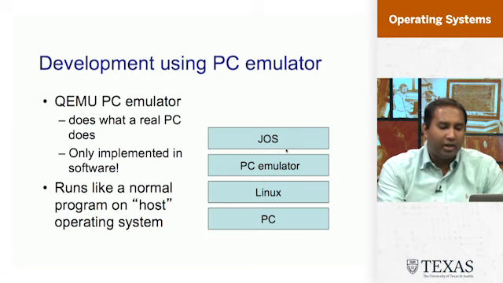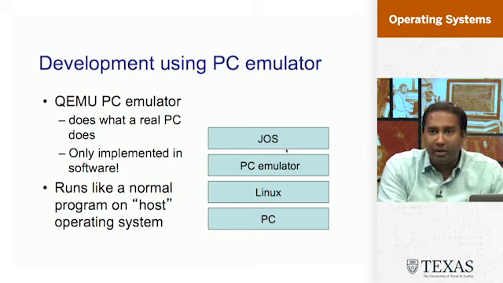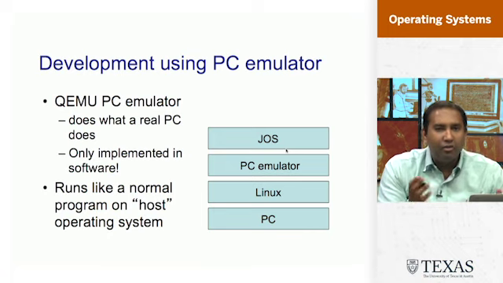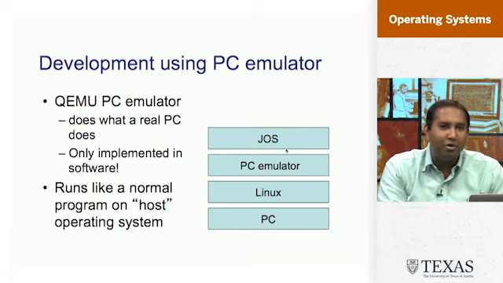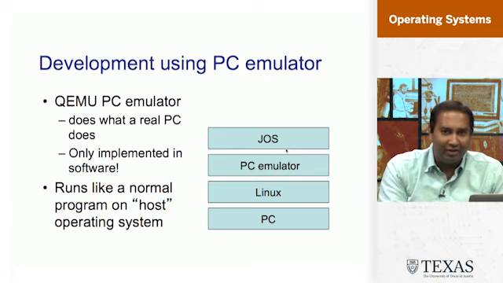Alright, so in this course we are going to be using something called QEMU. Now I remember that I said that we are going to be developing our own operating system. If you run your own development operating system on your hardware directly, if you make a mistake, there's no coming back. Like your computer will not boot, right? So how do we get around this? We use something called an emulator.